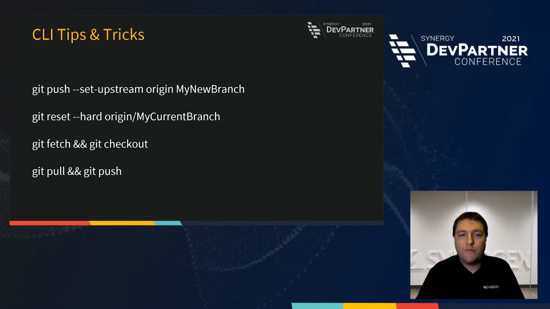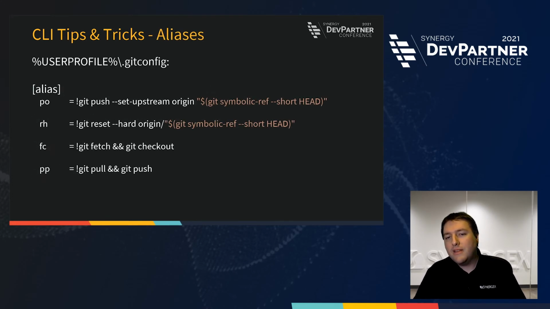Git has support for custom aliases built right into the tooling, and the best part is that they support small snippets of script or command execution directly inside the alias definition. So if I want to reference the name of the current branch in my working copy, I can use something like git symbolic-ref --short HEAD to utilize the short friendly name of the branch and execute the command with the right context.